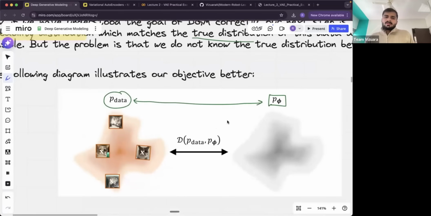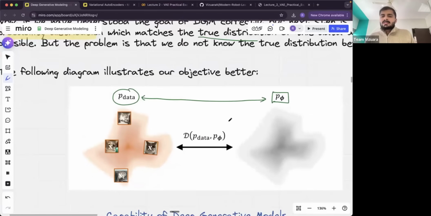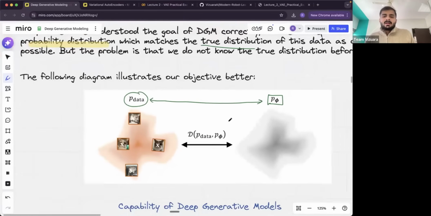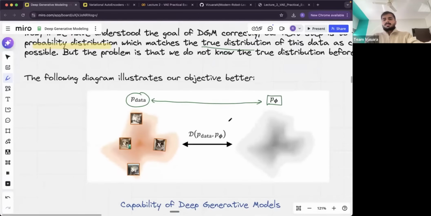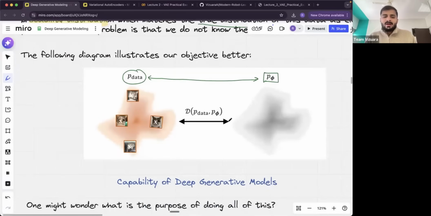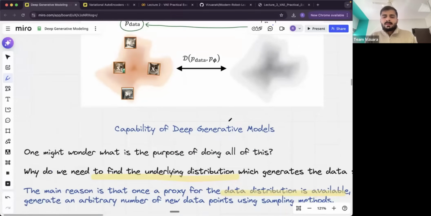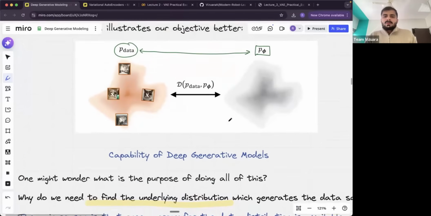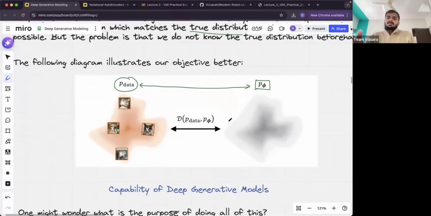So at least the first objective which comes to my mind is the KL divergence. Has anyone of you heard about KL divergence? Just mention in the chat if you have or have not. Okay, some of you have not, some of you have heard of KL divergence before. So we are going to look at what KL divergence is in a while.